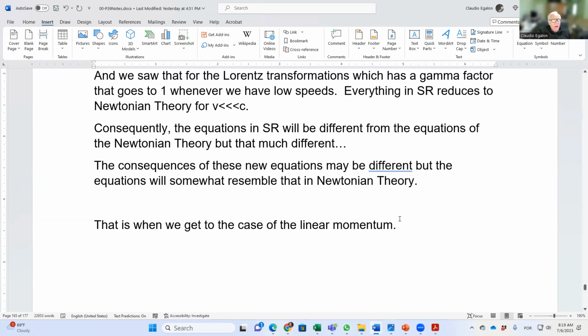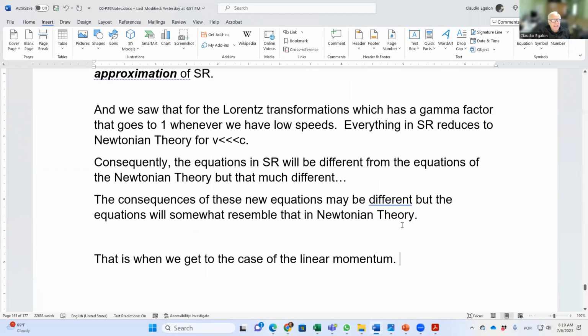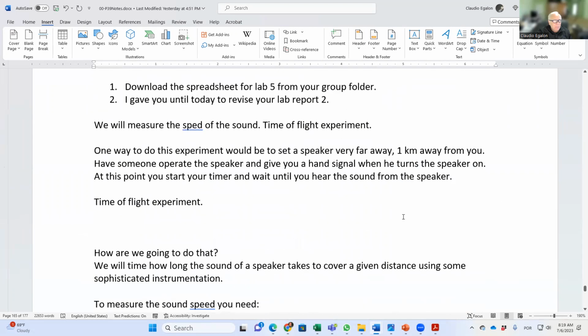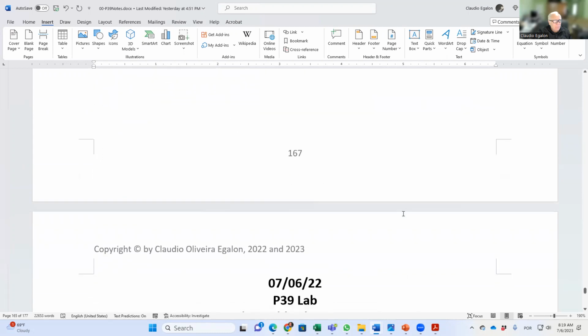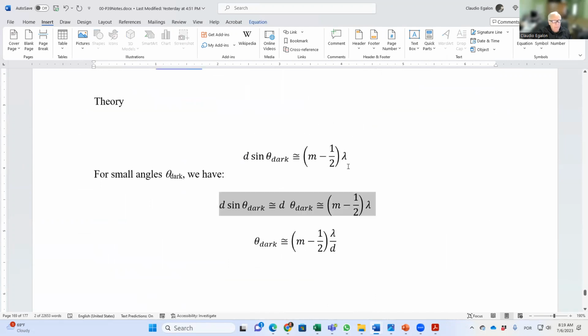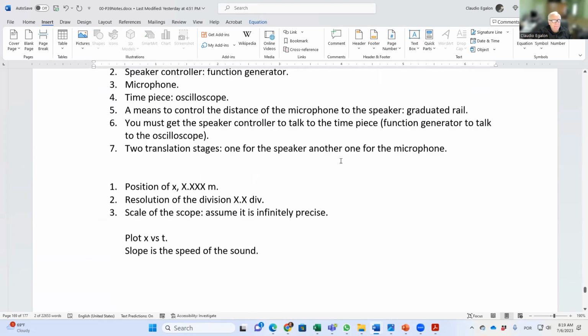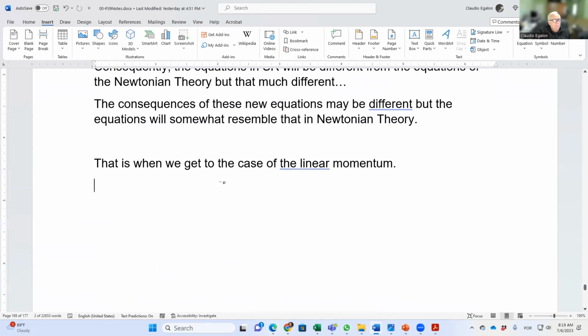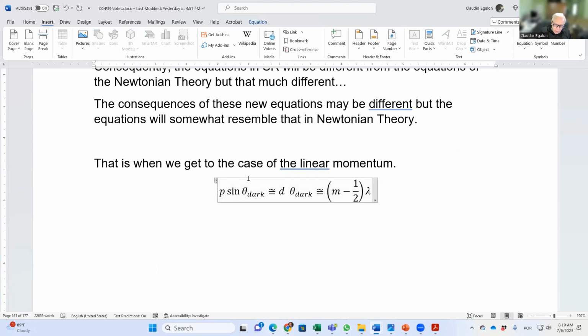Let's take a look at how linear momentum is defined in Newtonian theory. Here you go. Newtonian momentum is defined as being mass times velocity.